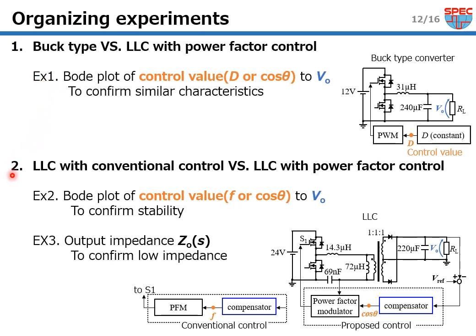The second compares the conventional control with the power factor control. The experiment evaluates the Bode plot of control value to VO to confirm stability. Then it evaluates output impedance to confirm low impedance. Besides, the experiment circuit is shown in this figure.